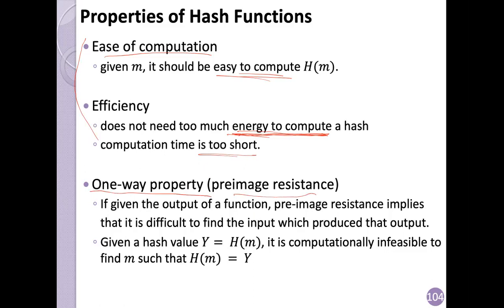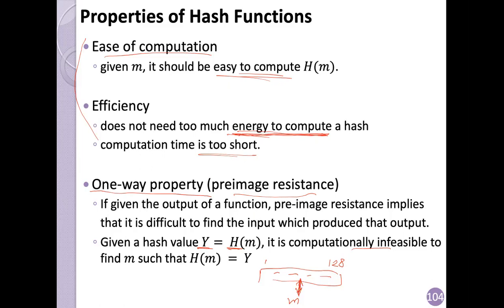which means that for a hash function like h, if I'm an attacker and one specific output of that hash function is given to me, say this is a 128-bit value, which is the output of a hash function, it should be computationally difficult or infeasible for the attacker to find the input m that has generated this output.